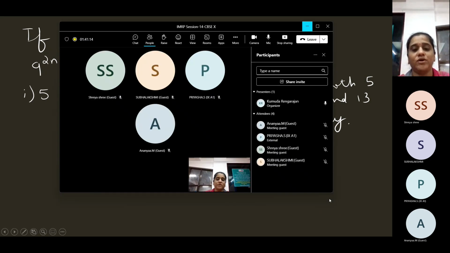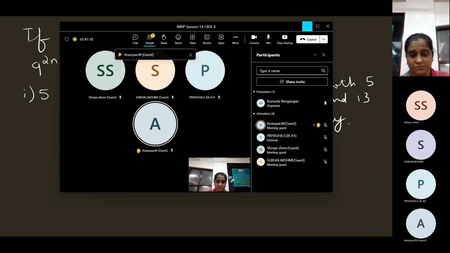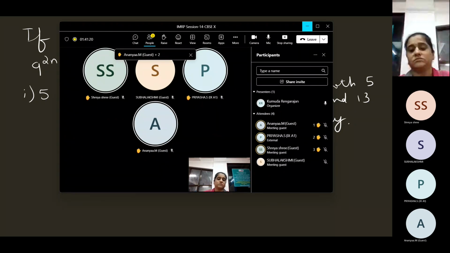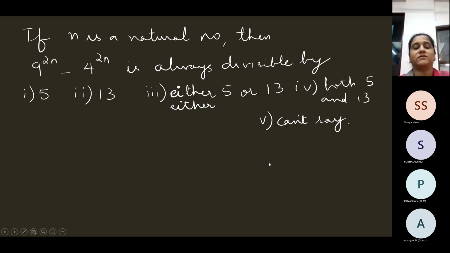Class, use the emoji, raise your hands. Ananya, Priyasha, Shreya, and Lakshmi. You're there, Lakshmi? Yes, ma'am. Yeah, children? Any guesses?